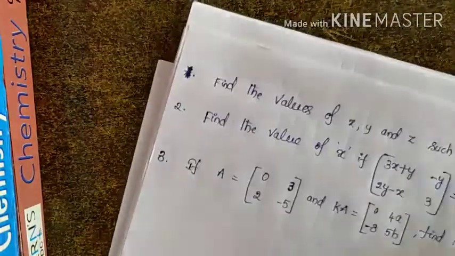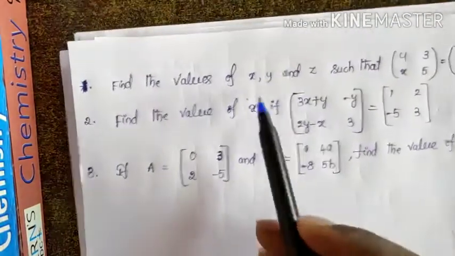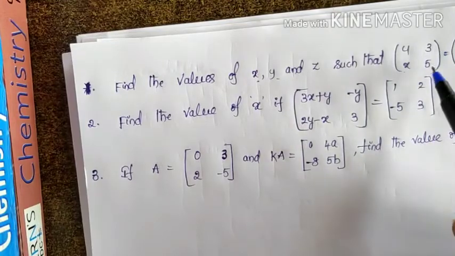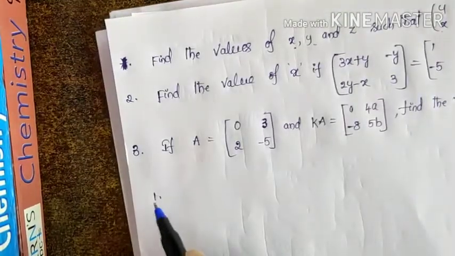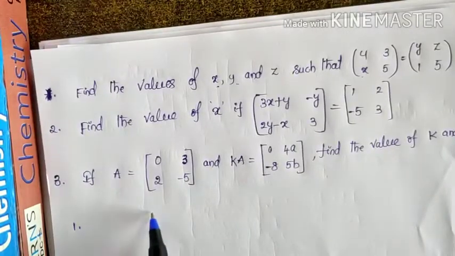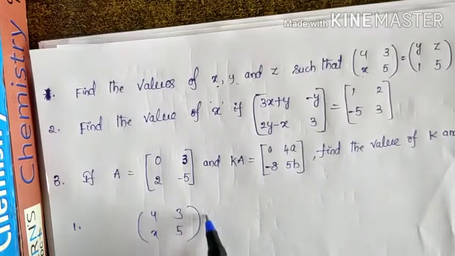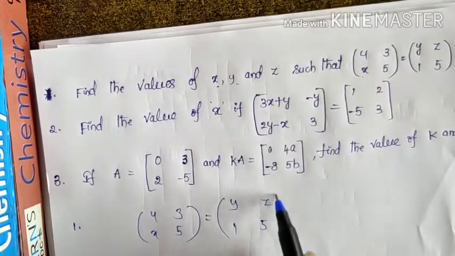We can look into more examples, then you can understand in a better way. So see here, the first one is: find the values of x, y and z such that [4 3; x 5] is equal to [y z; 1 5]. First, the given matrix is [4 3; x 5] equal to [y z; 1 5].